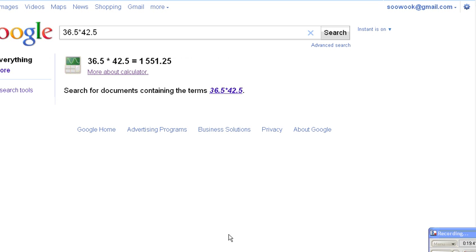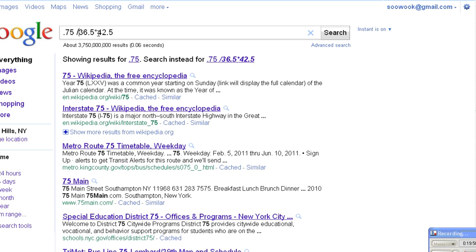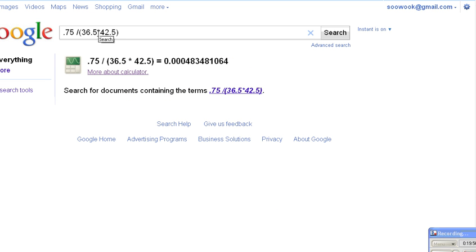So we have 0.75 divided by the actual value. So we get 0.00048.